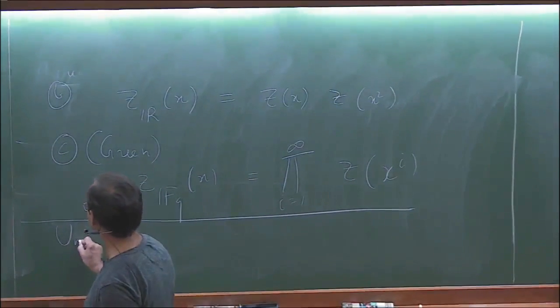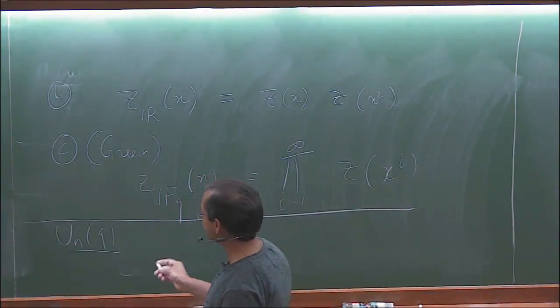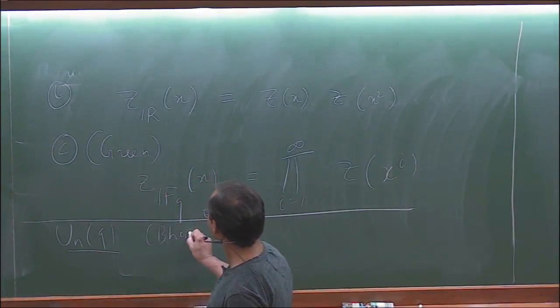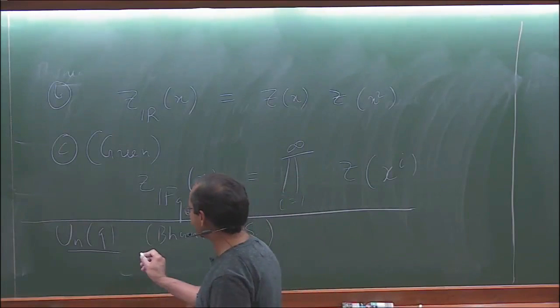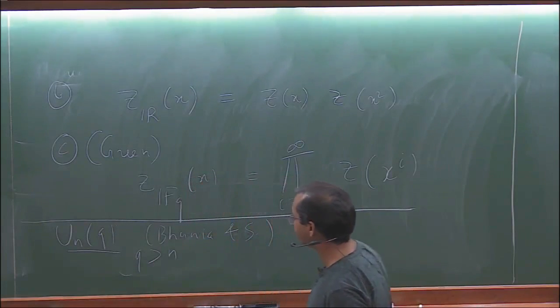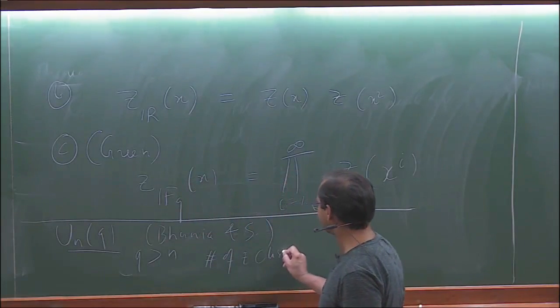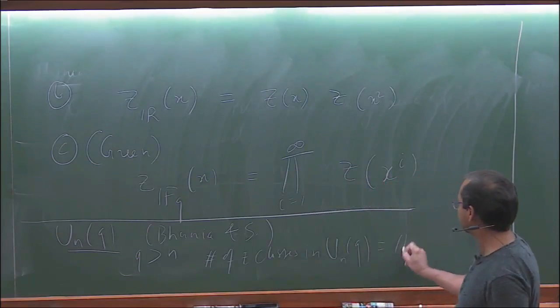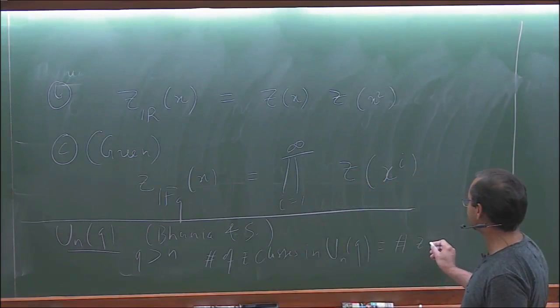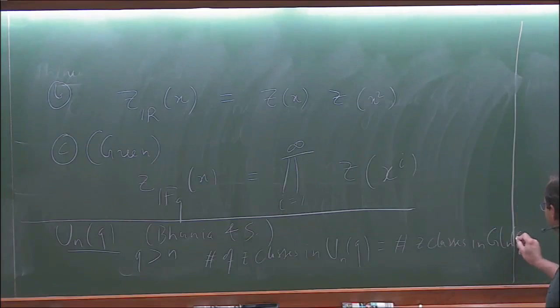So for U_n(q), here is the theorem. If you take q bigger than n, then the number of G classes in U_n(q) is the same as the number of G classes in GL_n. That is quite interesting.